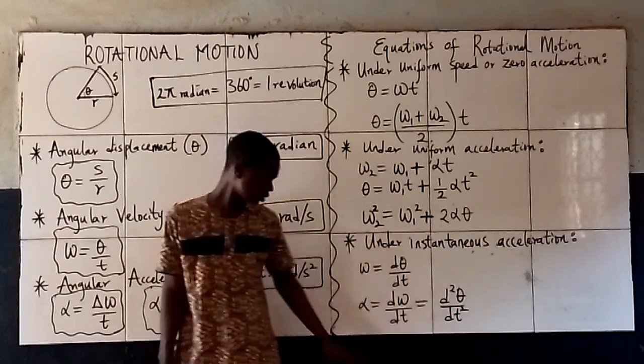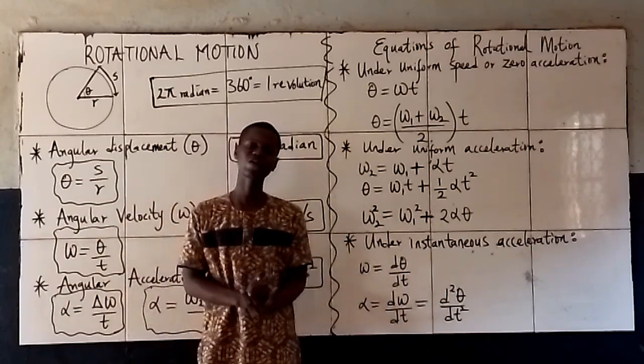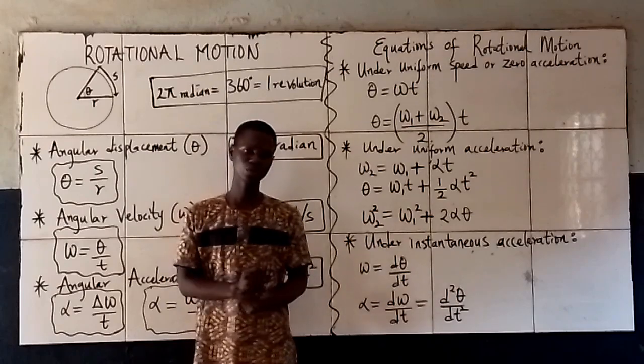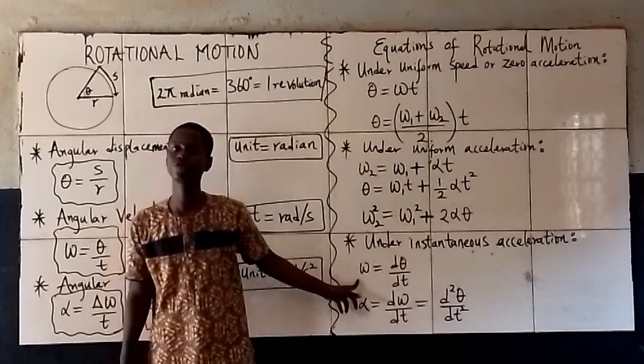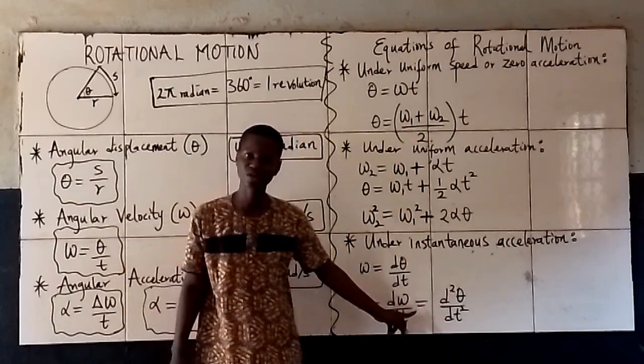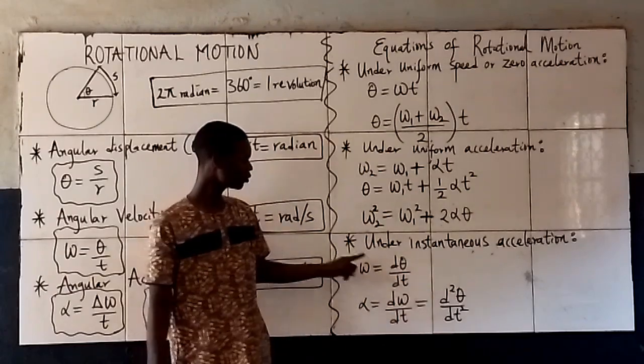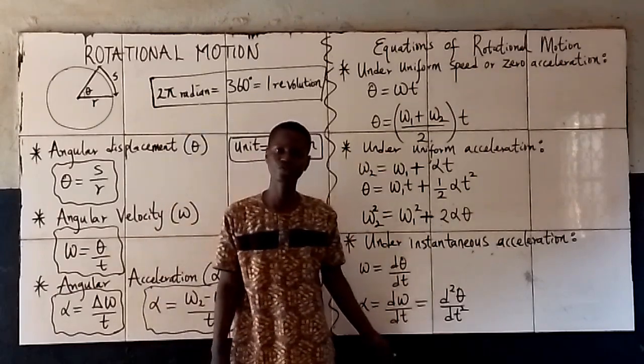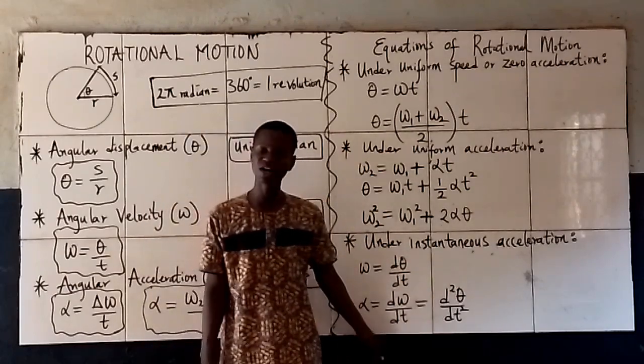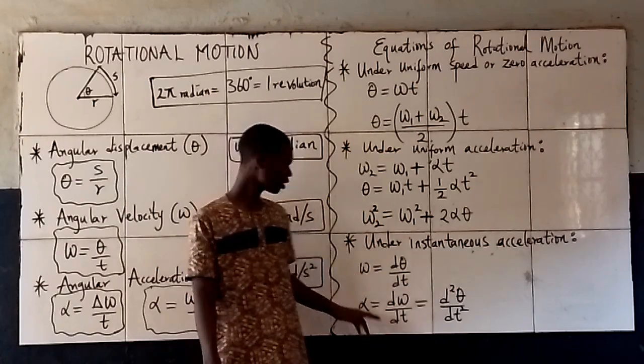It's the same thing. Now observe, if you were asked to find the angular acceleration and you were given a function for the angular velocity, differentiate the angular velocity, get the function for the angular acceleration, input the value of time, you will get your answer for alpha.